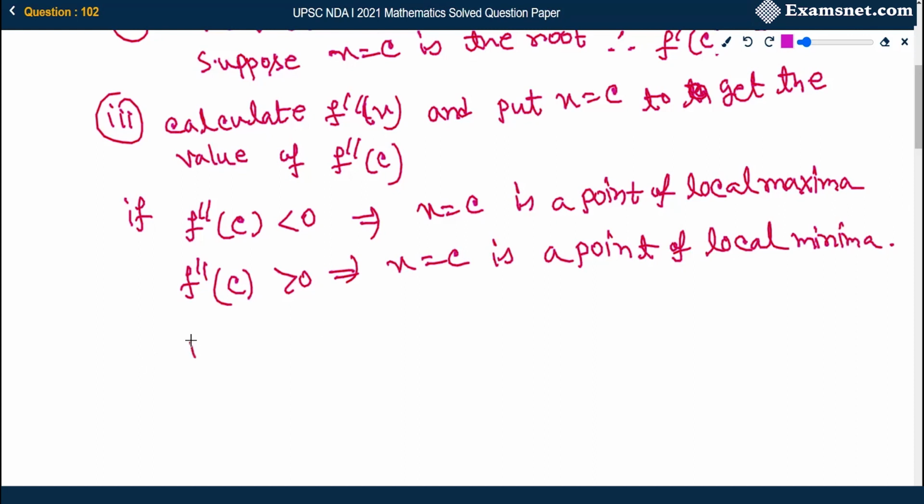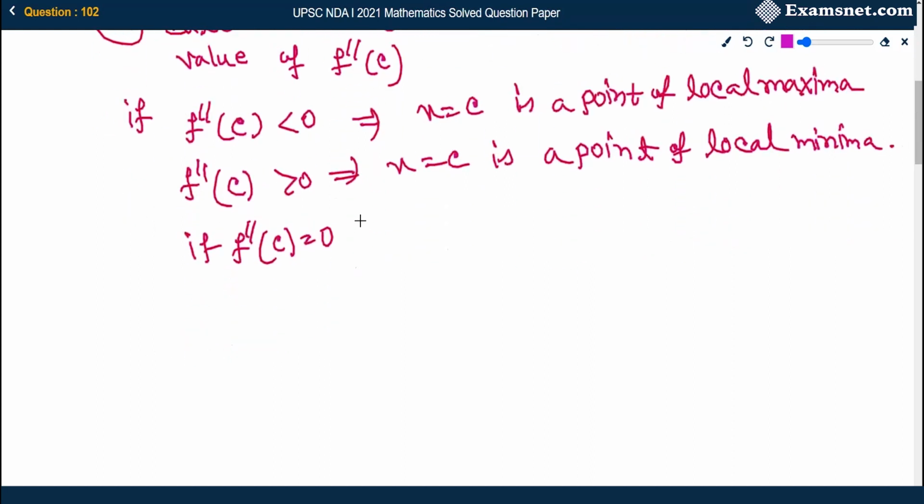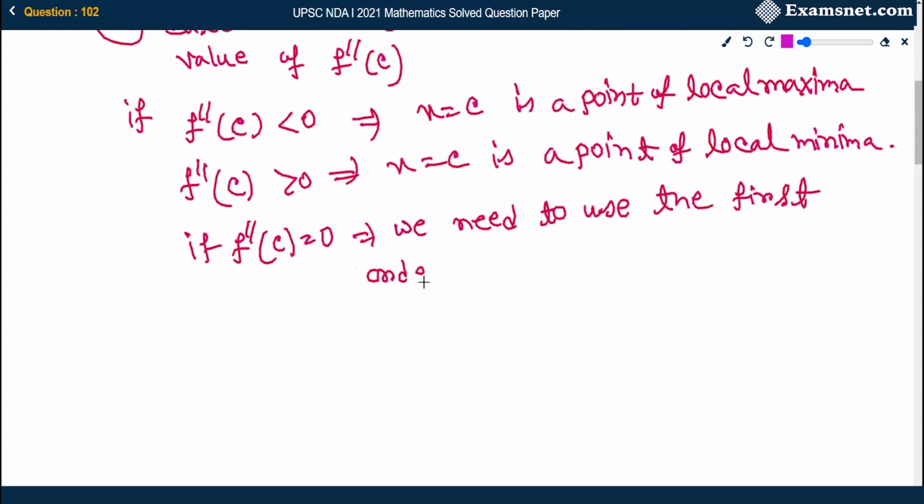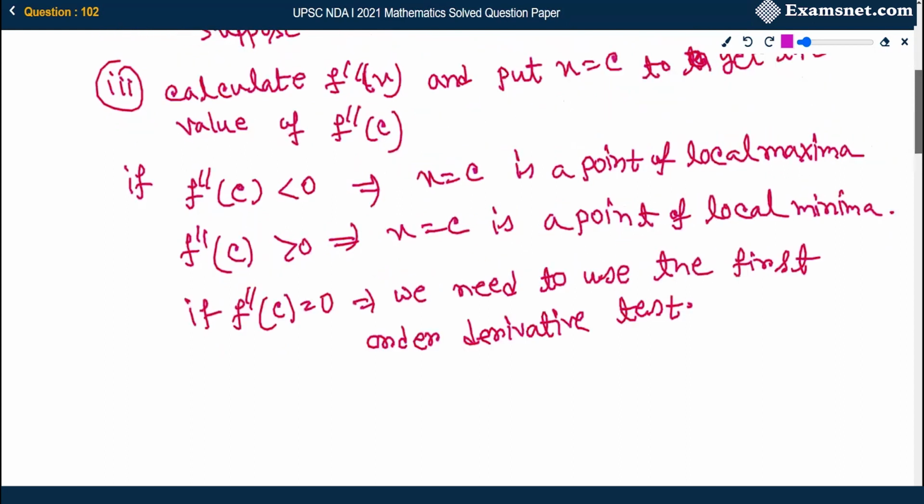And if f double dash c equals 0, then we need to use the first order derivative test.